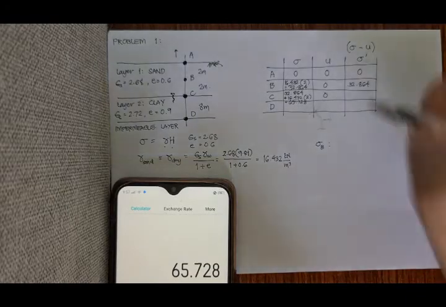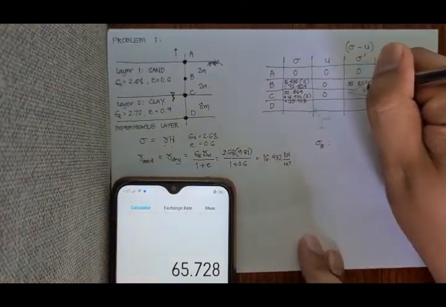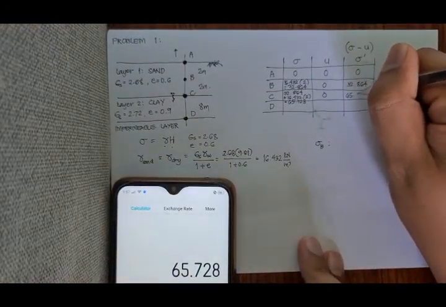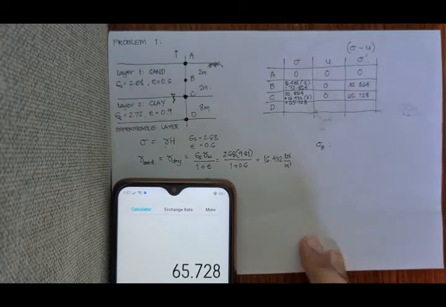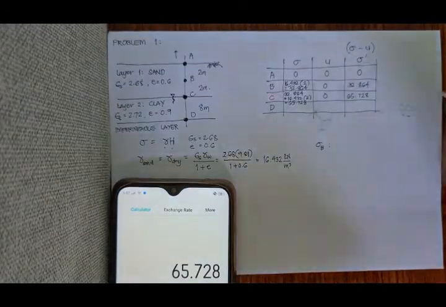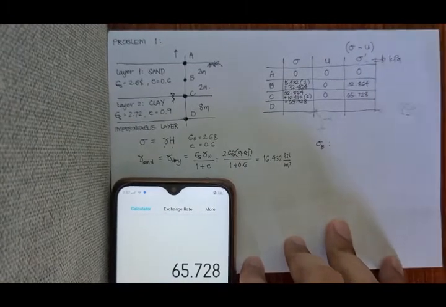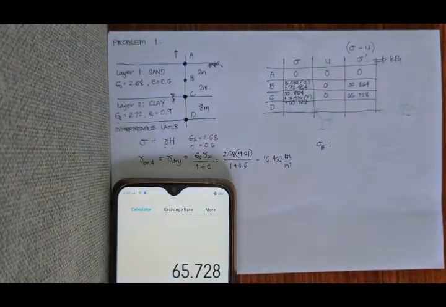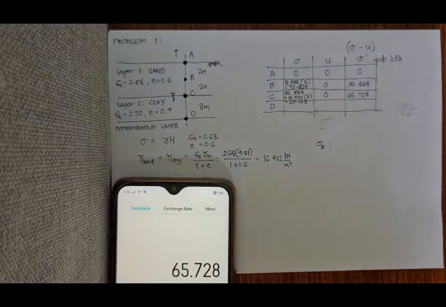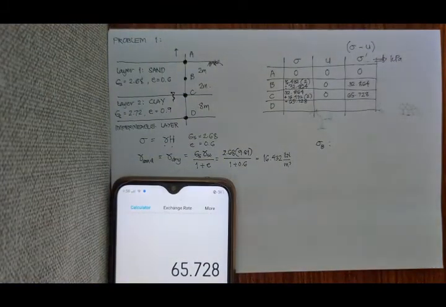Which means that the effective stress is also equal to 65.728 kilopascal. So everything is in kilopascal.